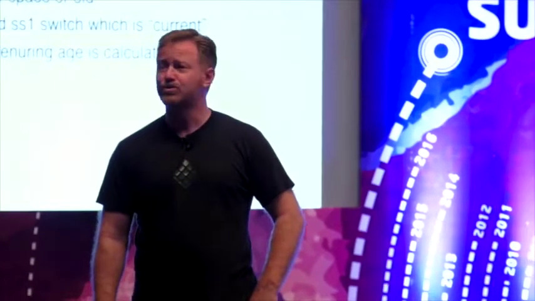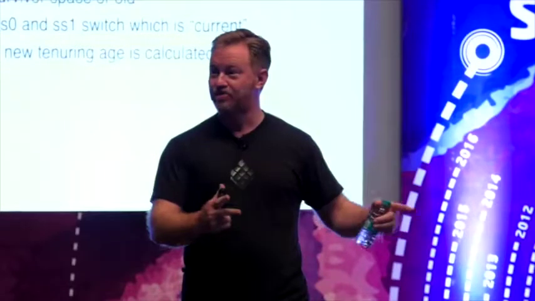At the point of the minor GC, I take all of the living. Now, I get this question: are we actually moving pointers? No, we're moving objects, we're moving memory around.